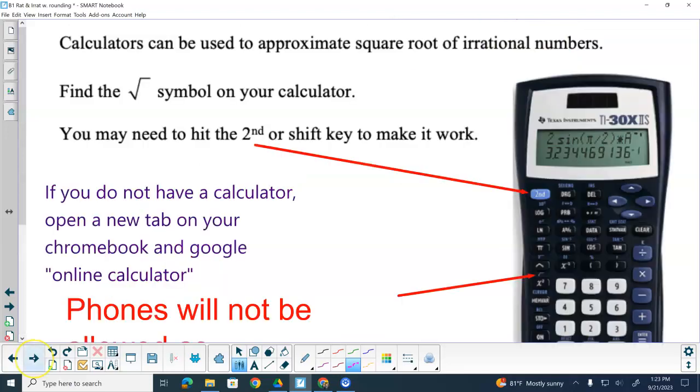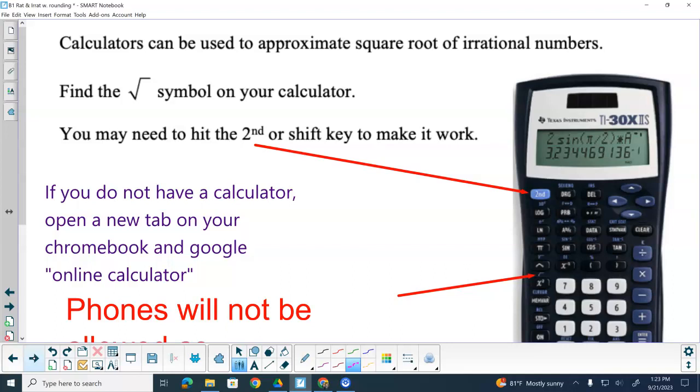Now, we're going to use calculators this unit to approximate square roots, and we're going to find square roots of rational numbers and all that fun stuff. It depends on which kind of calculator you have. Most people have the TI-30s, the most common calculator out there.